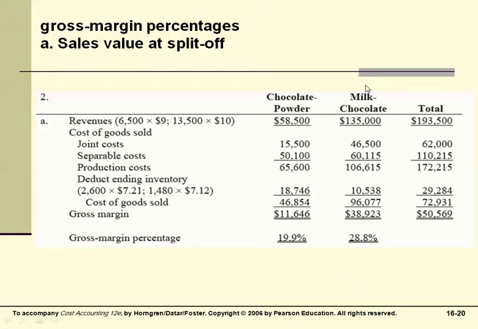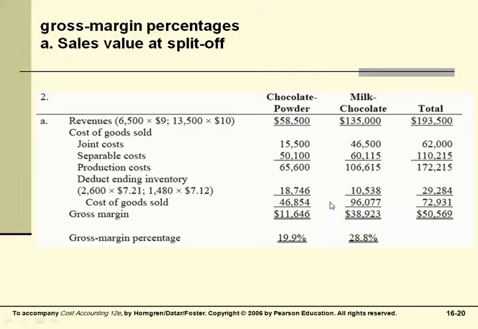And the same for the second product, milk chocolate. Revenues are calculated by multiplying selling price by pounds sold. Cost of goods sold is also calculated by adding joint cost plus separable cost, which results in total production costs, minus ending inventory cost, which will result in cost of goods sold.